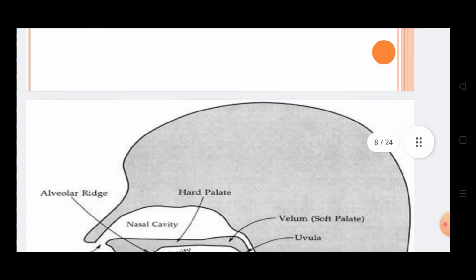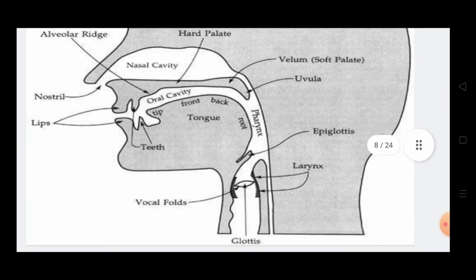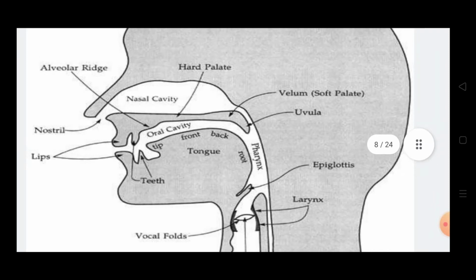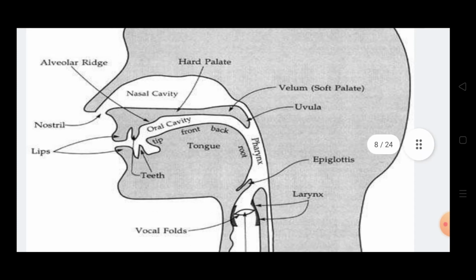And place of articulation of a sound is the location inside the mouth at which the constriction takes place. For example, in this diagram you will see these are all speech organs. This is the oral cavity, and nostrils lead to that, and first lips. So when we constrict the flow of air at our lips, that is bilabial.